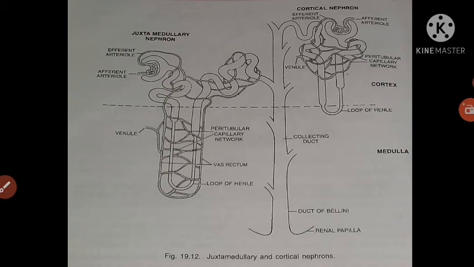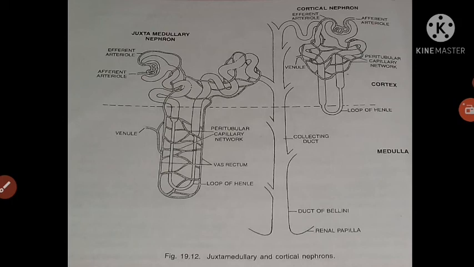There are two arterioles, afferent and efferent. The afferent arteriole is wider than the efferent one. The efferent arteriole emerging from the glomerulus forms a fine capillary network around the renal tubule called the peritubular capillaries.